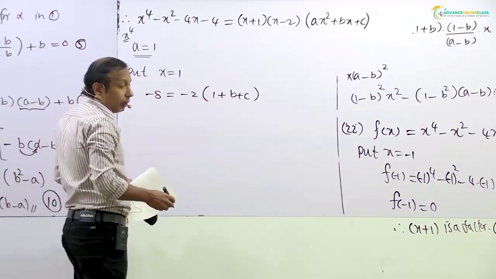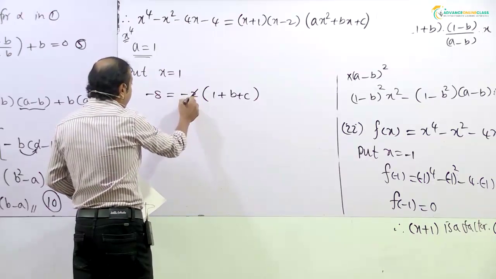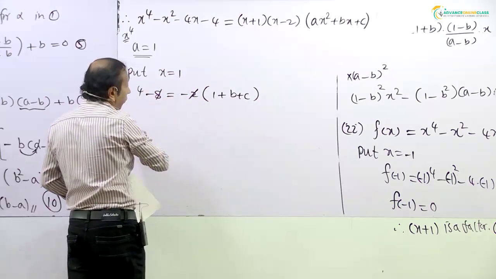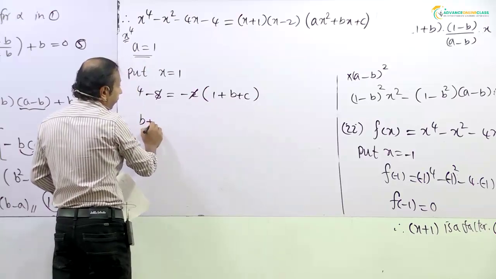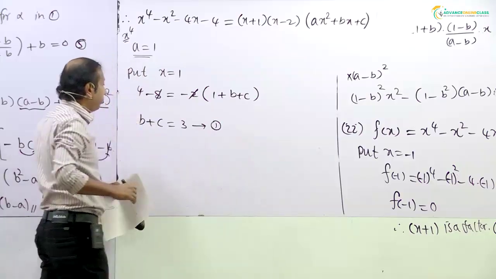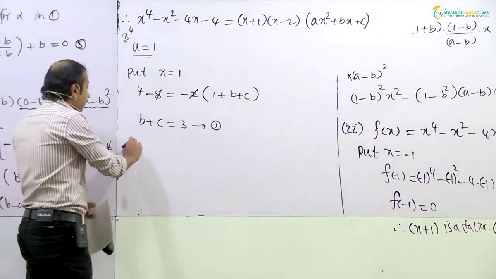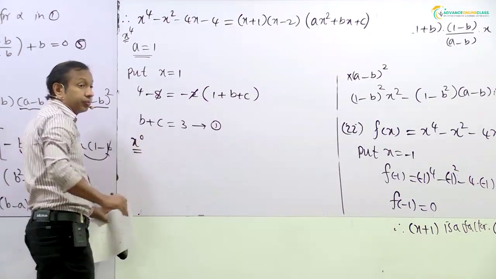Right. Next one, here we can cancel down. This and this we can cancel down, we get 4. Then b plus c, we get 3, equation number 1. Then equate the coefficient of x power 0.